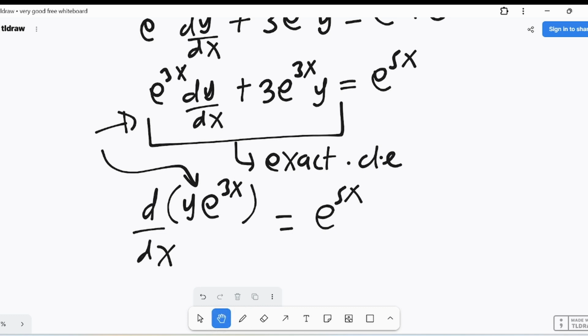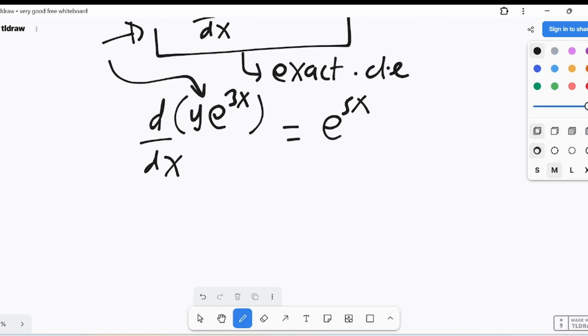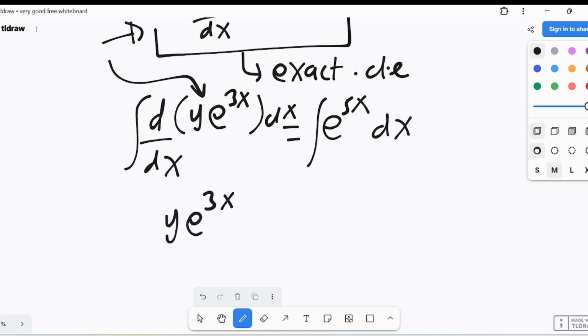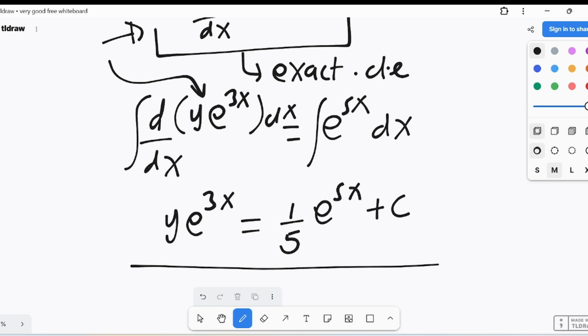Now we can go ahead and integrate on both sides. Simplifying, we shall have y e of 3x is equal to 1 out of 5 e of 5x, since when you integrate the exponential e of 5x, you get 1 out of 5 e of 5x, plus c. So this is our general solution.